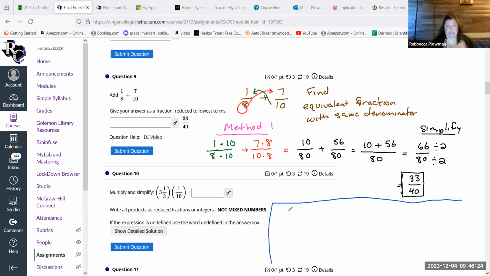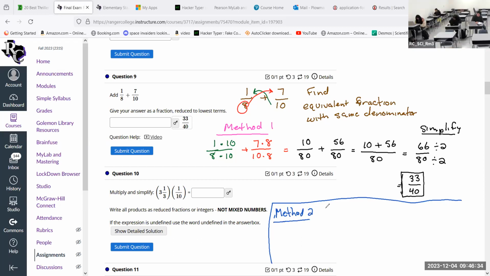So I'm going to write this down here. This is the other method. This is the one I think you guys probably were using the least, where we look for something called a GCD. I'm trying to remember if we use GCD or GCF because it changes every time I do this. Like every book gives me something different.